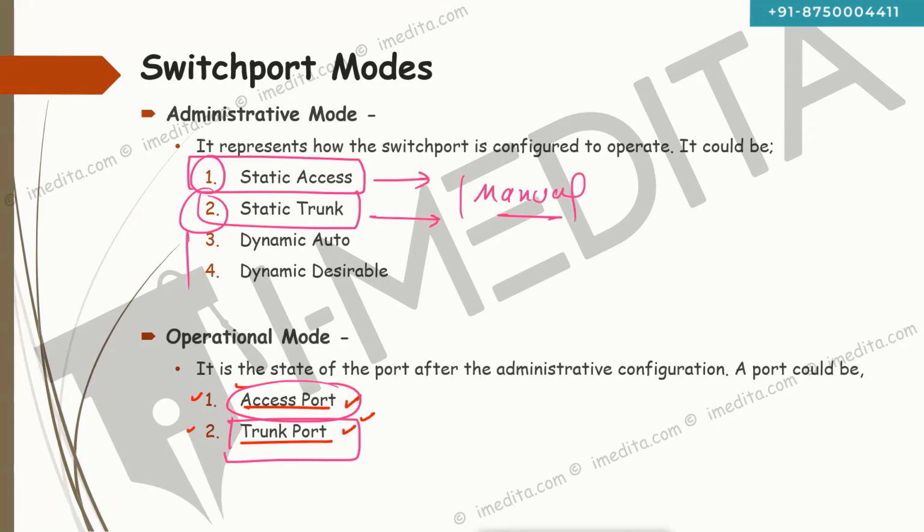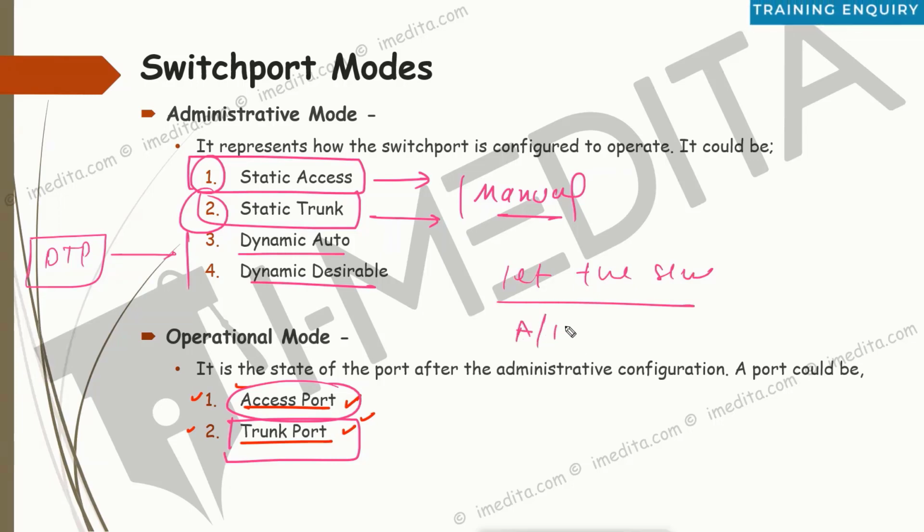Dynamic auto, dynamic desirable. Here we use a Cisco proprietary protocol called DTP, Dynamic Trunking Protocol. We can use DTP to dynamically choose the port as an access port or a trunk port.